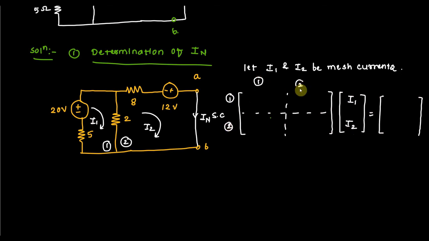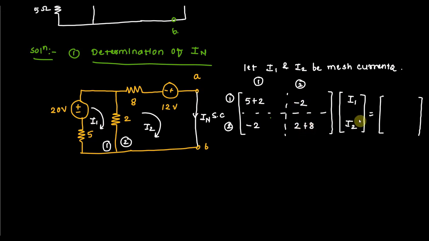This element is the sum of elements present in mesh 1, so it is 5 plus 2. This one is the element common to 1 and 2, so it is minus 2. This is again minus 2. And here it is the sum of elements present in mesh 2, so it is 2 plus 8.